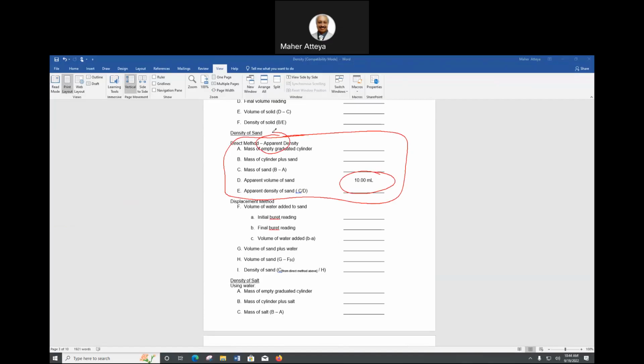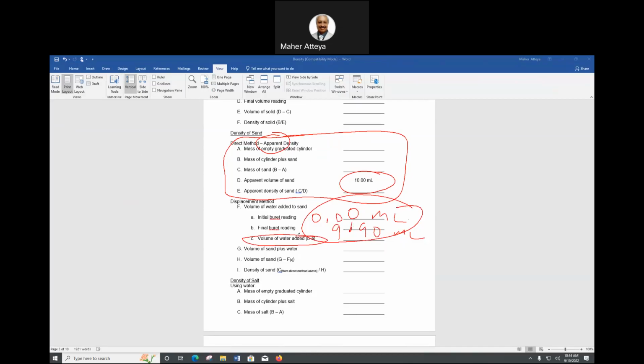Now, when you use the displacement, you use the burette. You start with 0, for example, mL, and you can get 2 digits after the decimal, 0.00. And then you put in whatever, maybe 9.9 mL. So the difference between them is your volume, correct?